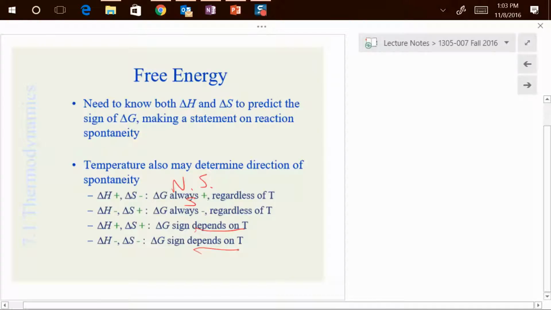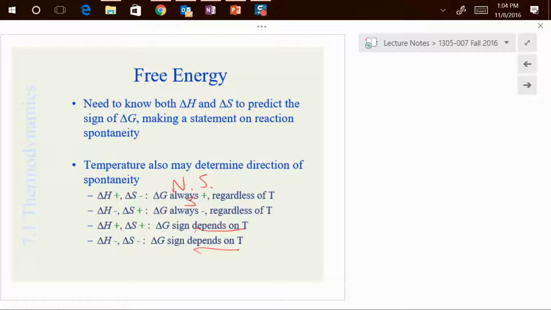Whether it is going from gas to liquid, it's decreasing, or from a solid to gases, it's increasing. Okay? And then be able to predict the sign of delta G based on the signs of delta H and delta S. If the signs are the same, then you simply need to tell me that it's temperature dependent.